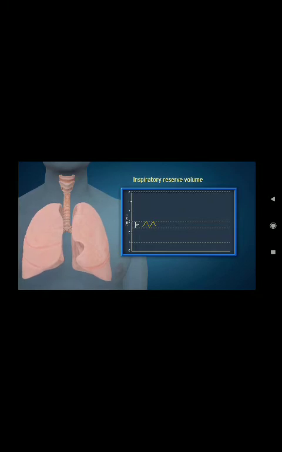Inspiratory reserve volume. It is the maximum volume of air that can be inhaled above the tidal inspiration. In a normal adult male, it is about 3000 milliliters, whereas in normal adult female, it is about 1900 milliliters.